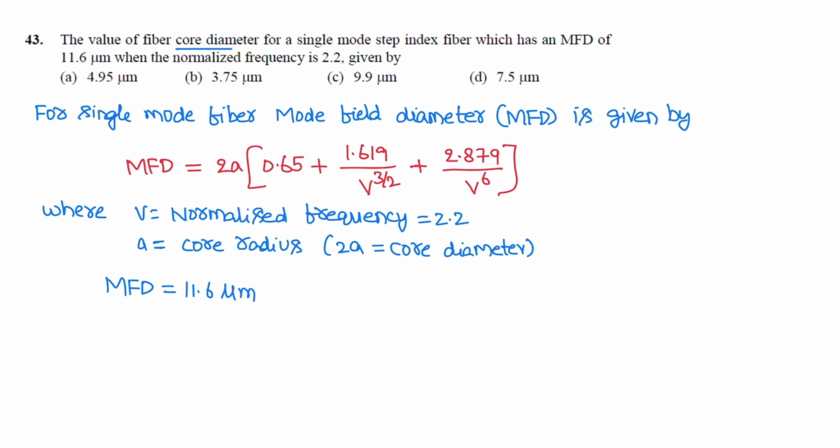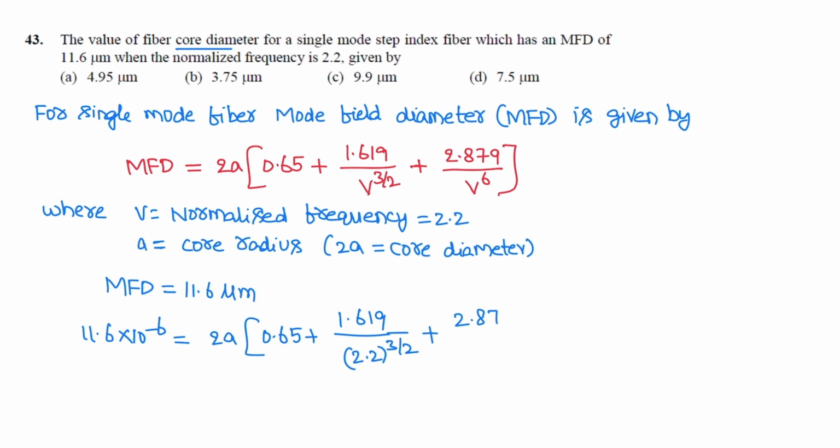So substitute the values in the mode field diameter formula, that is 11.6 into 10 power minus 6 is equal to 2a into 0.65 plus 1.619 by 2.2 power 3 by 2 plus 2.879 by 2.2 power 6.